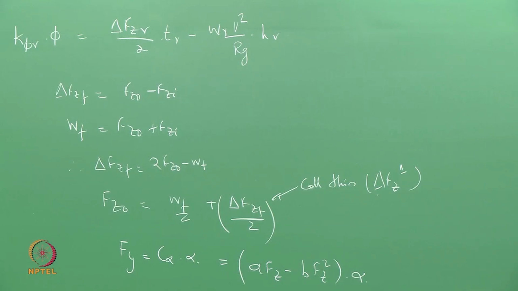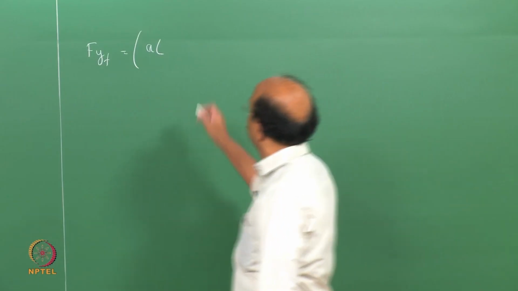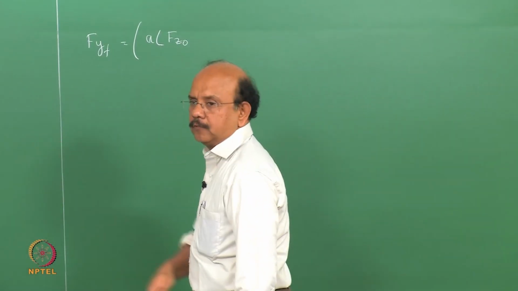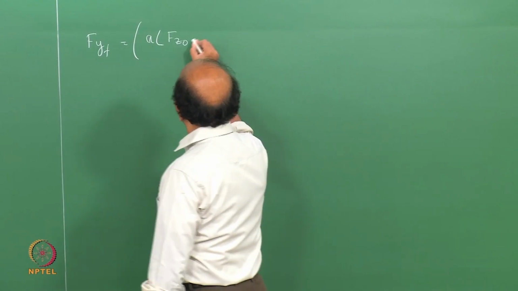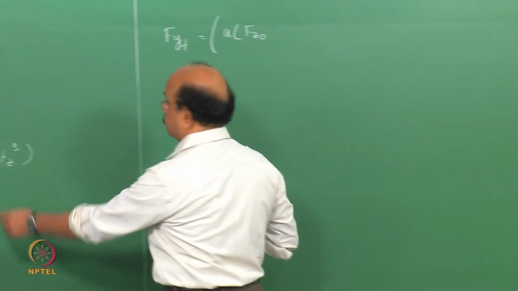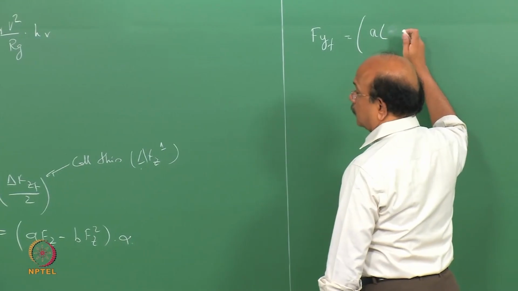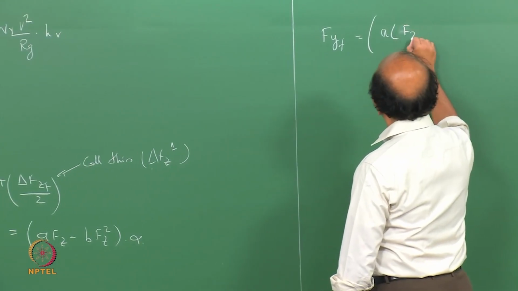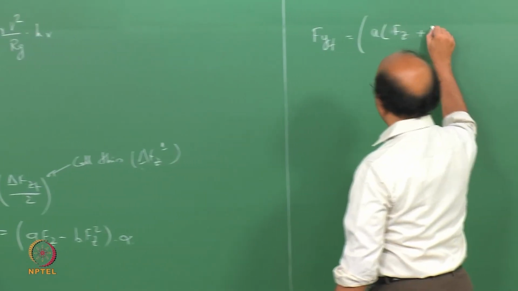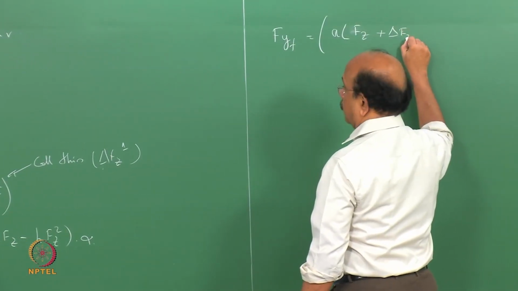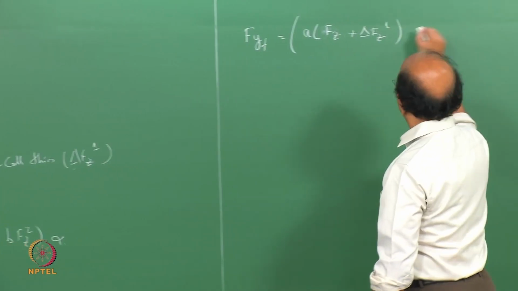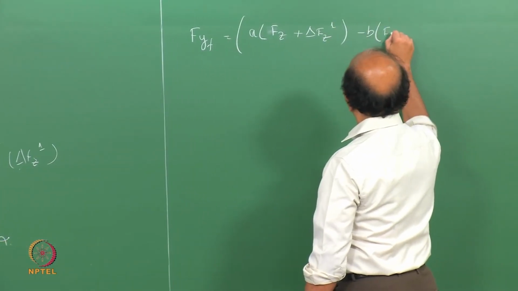So what I have to do is to substitute Fz outer for the front. I'll substitute it as A into Wf, which is actually Fz plus delta Fz 1, minus B into Fz squared.